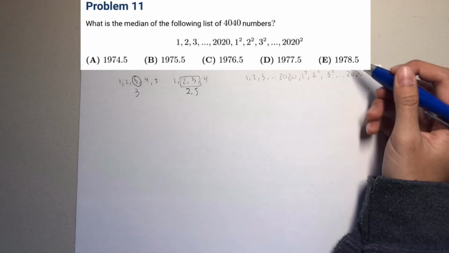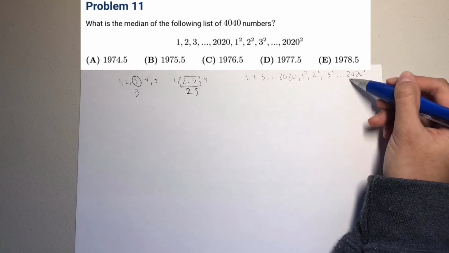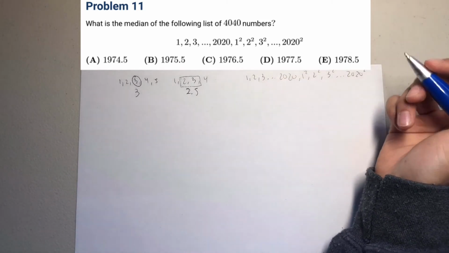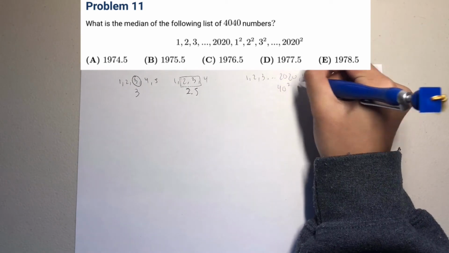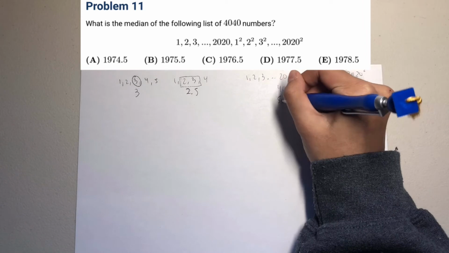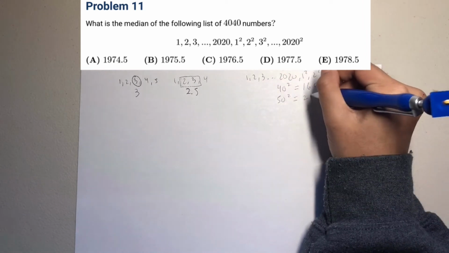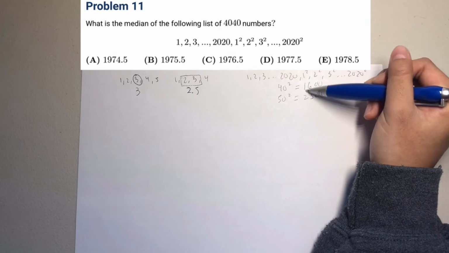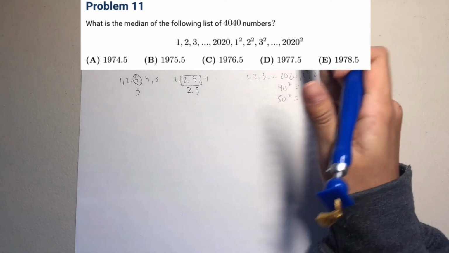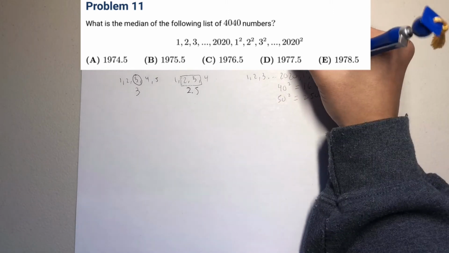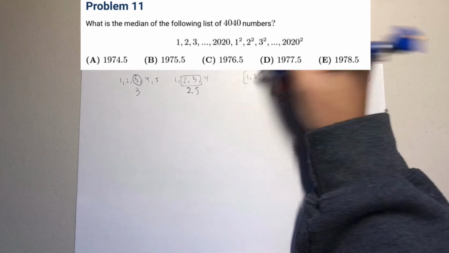I'm just going to experiment with the squares of the numbers and see where they can fit into this list. So I know that 40 squared is equal to 1,600, and I know that 50 squared is equal to 2,500. So something in between these two will have to be the cutoff between this part of the list and this part of the list.